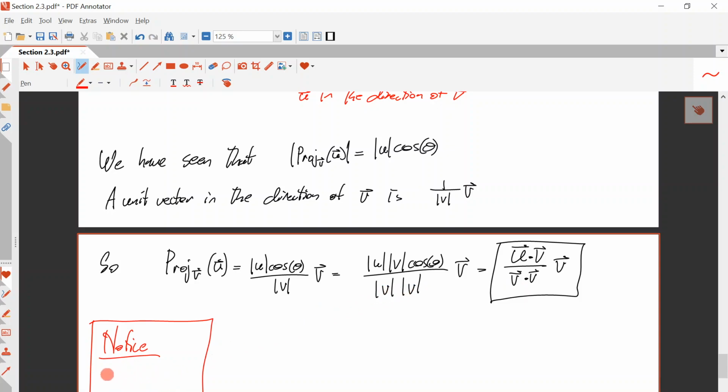Well, I guess I'll do it with the v. The length of v squared is equal to v dot v. So length can be written in terms of dot products as well. The length of v squared is equal to v dot v, and we use that from here to here. This is length of v squared, this is v dot v.